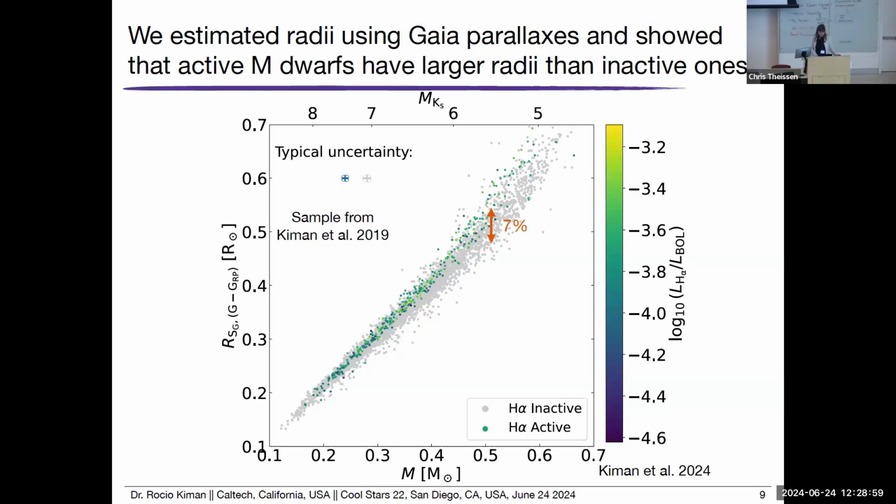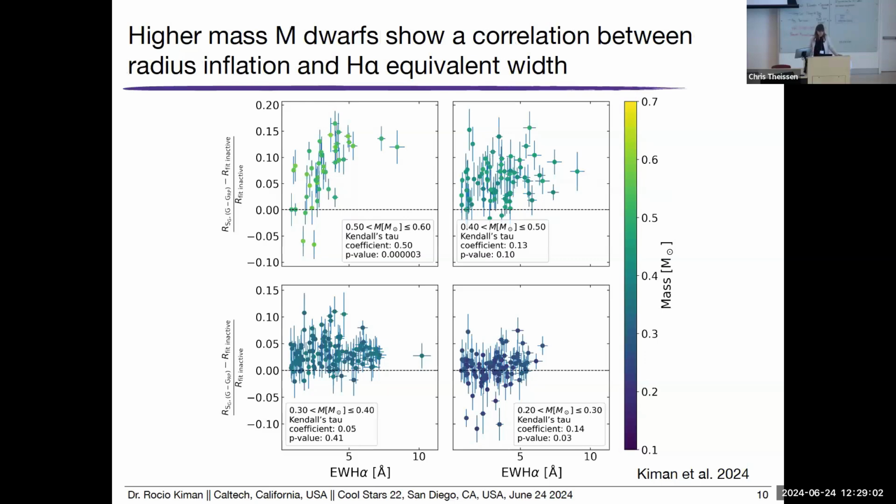So for that, we calculated the difference between the active radius and the inactive radius divided by the inactive radius for different mass bands. So here I'm showing you the difference of radius in the y-axis, and in the x-axis, the H alpha values, the H alpha equivalent width. And I'm dividing it in several mass bands from 0.5 to 0.6, 0.4 to 0.5, 0.3 to 0.4, 0.2 to 0.3.